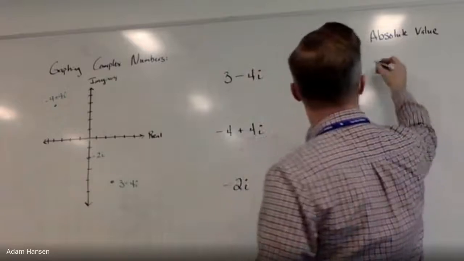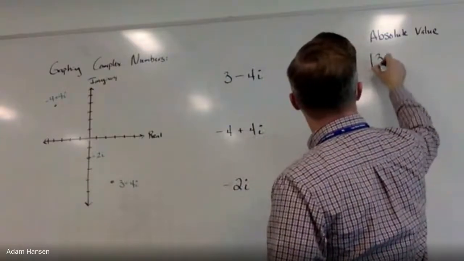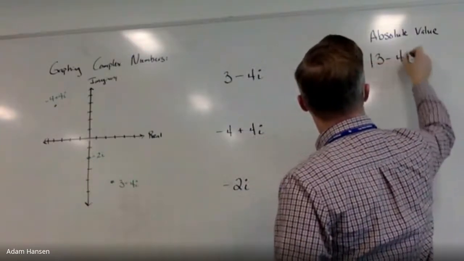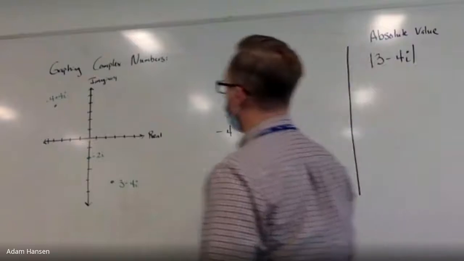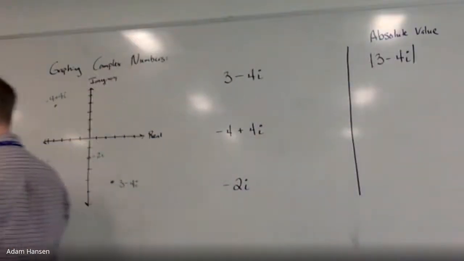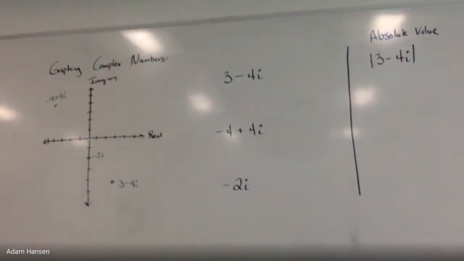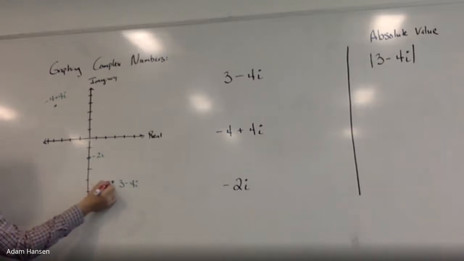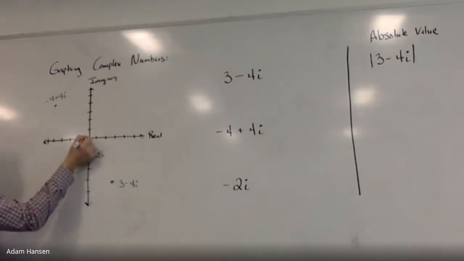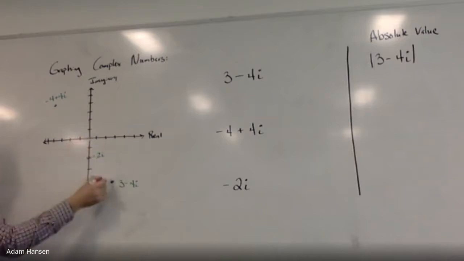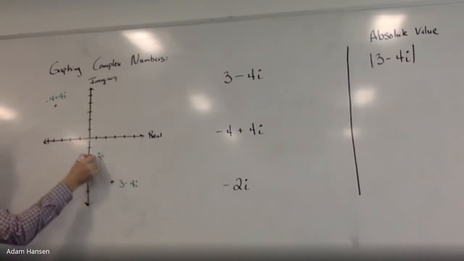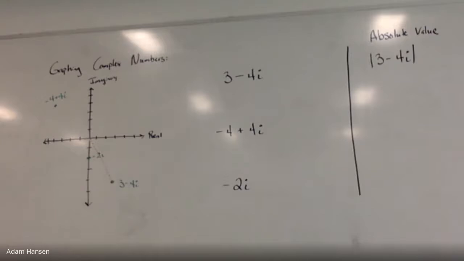Absolute value is these two vertical bars. Absolute value is how far this point, 3 minus 4i, is back to the origin. What's that distance that I've got for my dotted line in red?